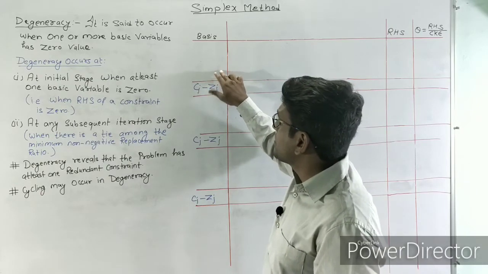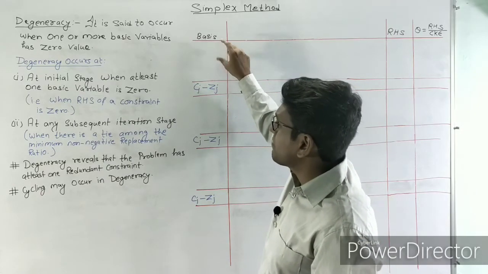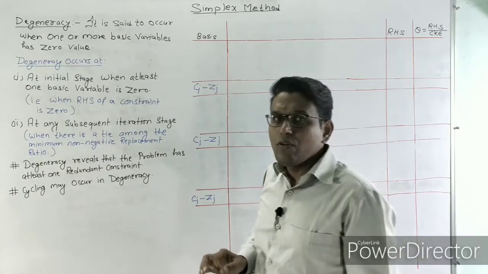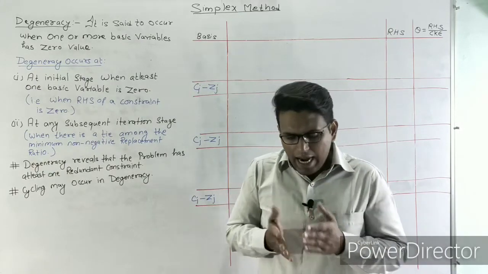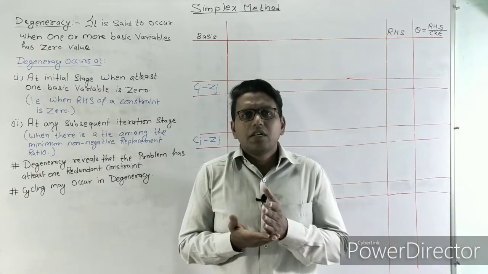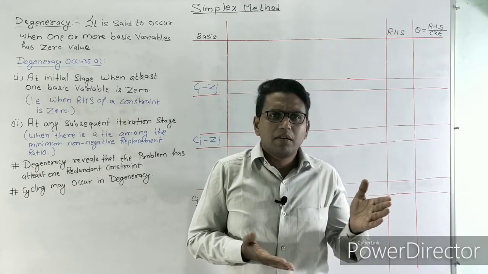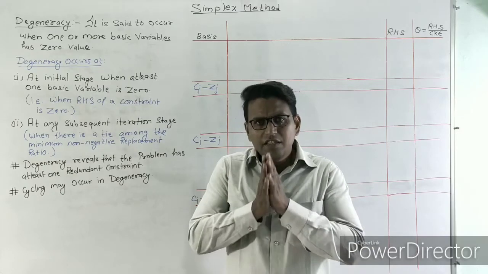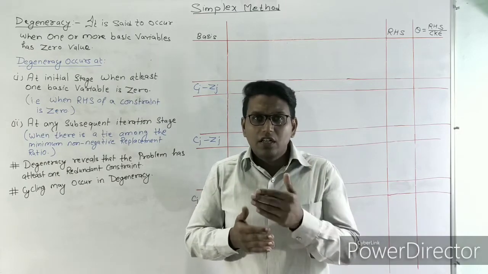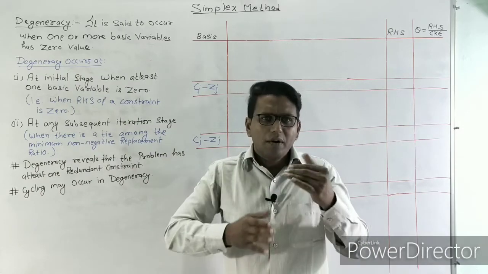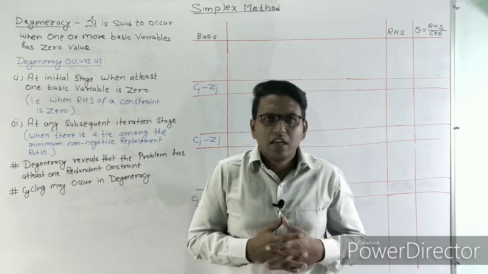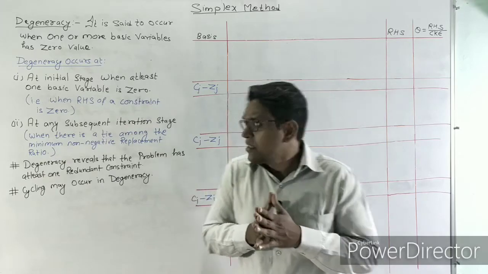That means if the value of these basic variables is 0, then our problem is said to be degenerate, and the degeneracy can occur at any stage of the problem. That means the degeneracy can occur at the initial stage, in the initial basic feasible solution, or at the subsequent iterations. So let us see how it happens.